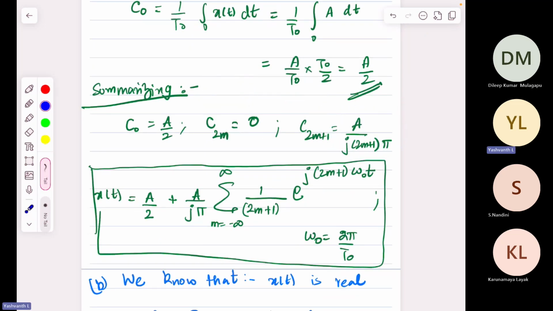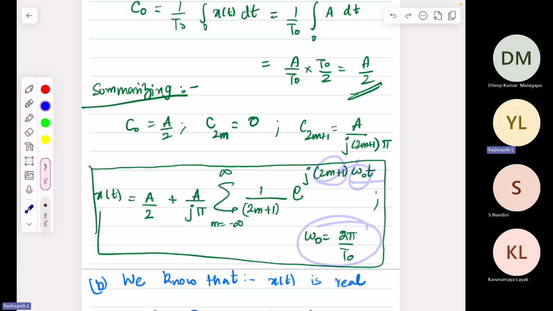Therefore, your x of t can be written as C naught, which is A by 2, plus A by j pi. It is a constant, so take it outside the summation, which is the second term here: summation m equal to minus infinity to plus infinity of 1 by (2m plus 1) into e power jk omega naught t, where k is equal to 2m plus 1 and omega naught is equal to 2 pi by T naught.